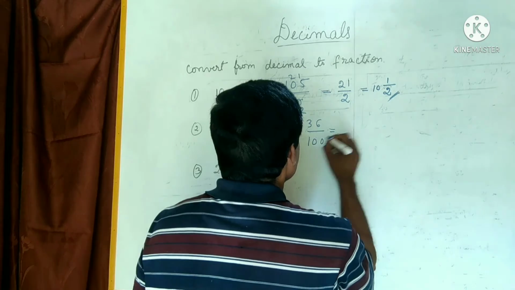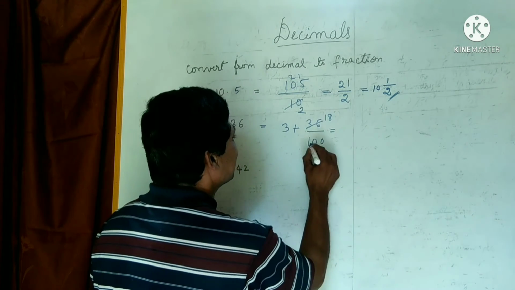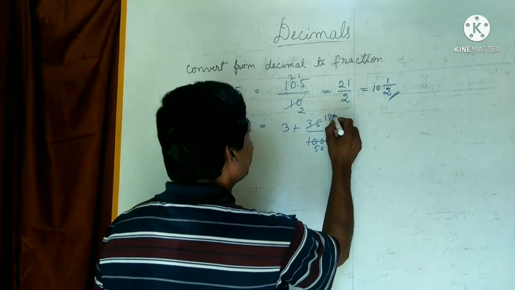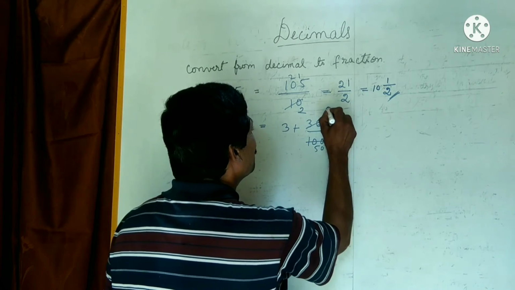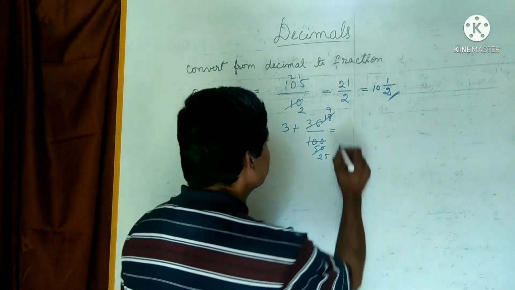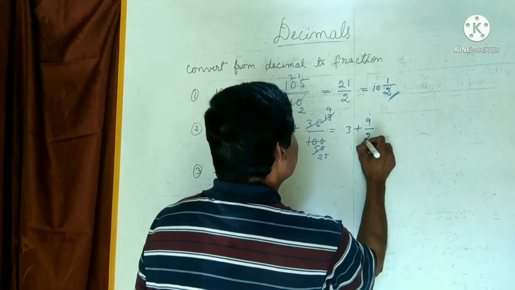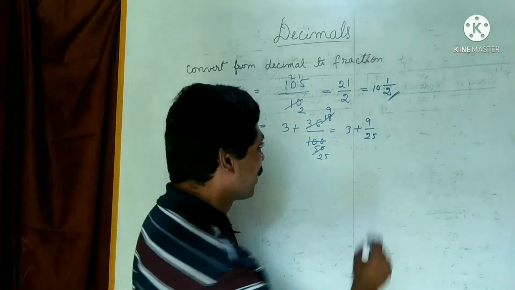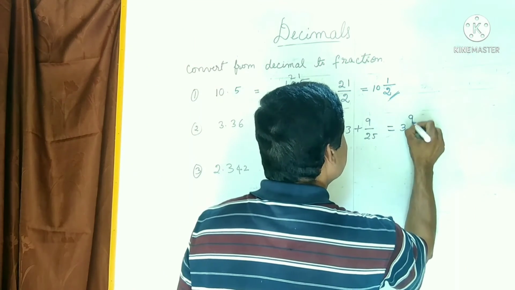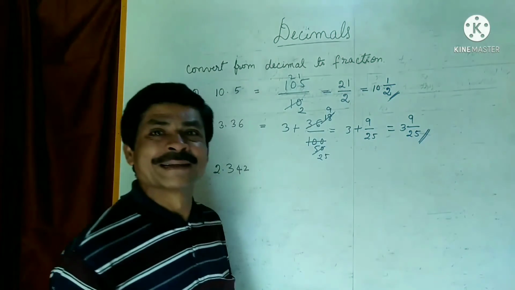This is equal to, we'll simplify: 2 18s are 36, 2 50s are 100. Then again we'll cut: 2 9s are 18, 2 25s are 50. This is equal to 3 plus 9/25, or this is equal to 3 9/25. That is your answer.